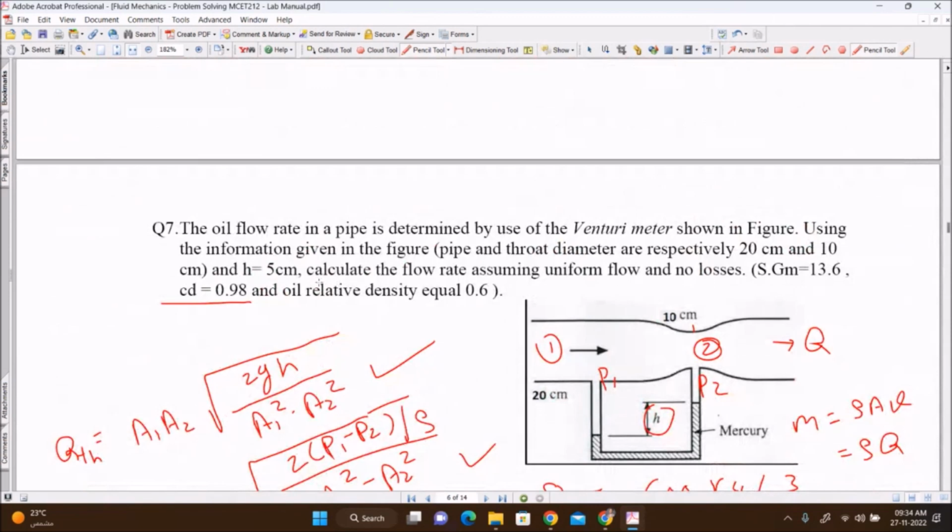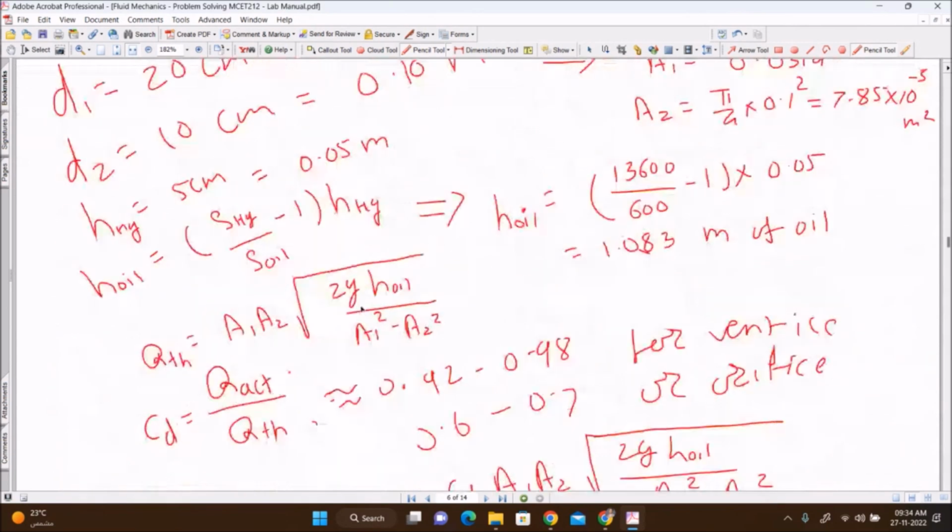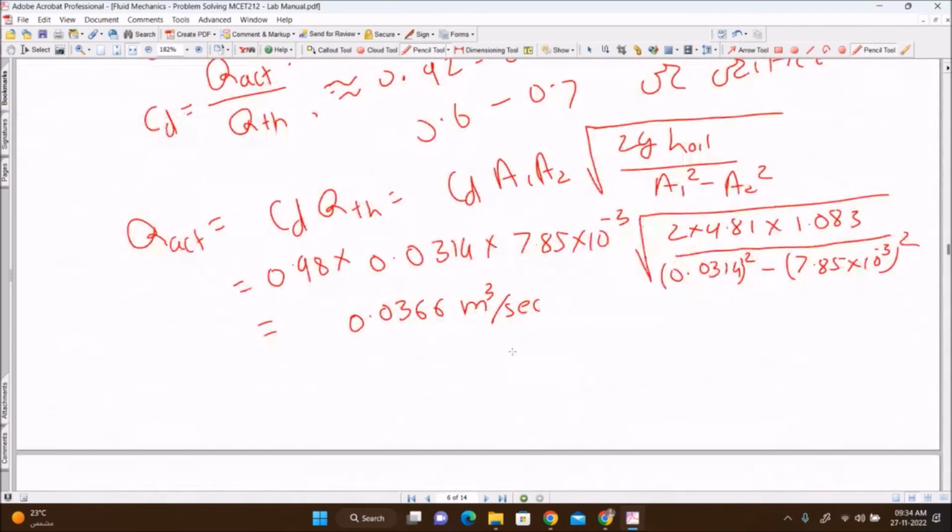Calculate the flow rate assuming uniform flow and no losses. Then flow rate, this is a volume flow rate. But if the teacher wants a mass flow rate, this is the actual volume flow rate or discharge, and the actual mass flow rate is equal to rho Q actual.